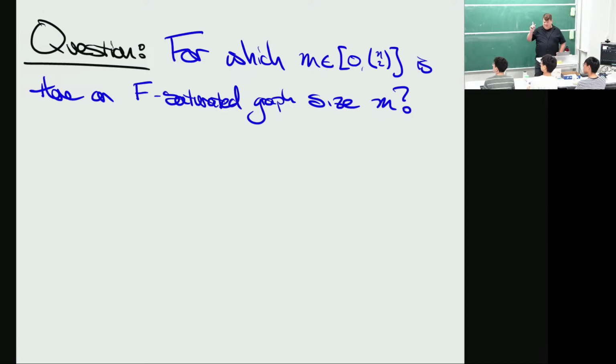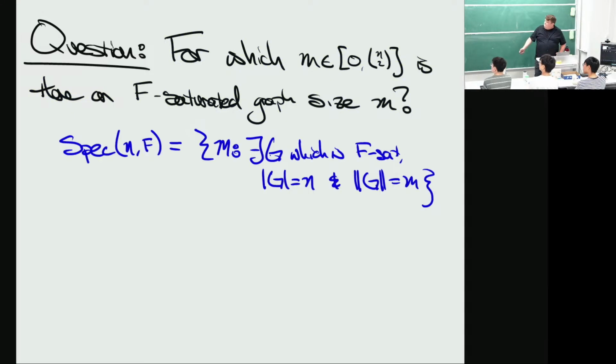Okay, so we just saw the swap from H to F. And so that's what I define this thing called the saturation spectrum. Again, it depends on the number of vertices and the forbidden graph, and it records the numbers of edges that are possible in F-saturated graphs.